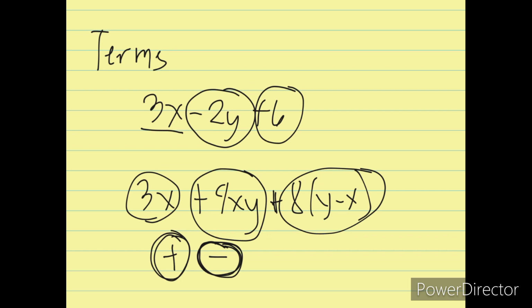Okay. Example of terms. For example, we have the expression 3x squared plus 3y plus 5. What are the terms there?